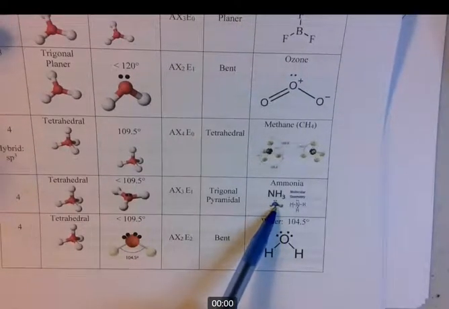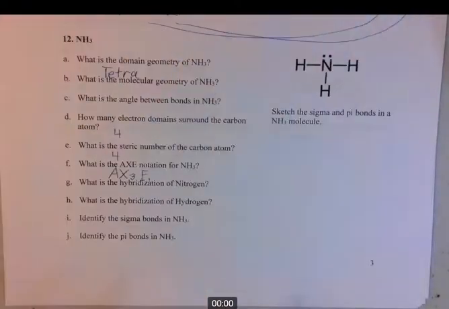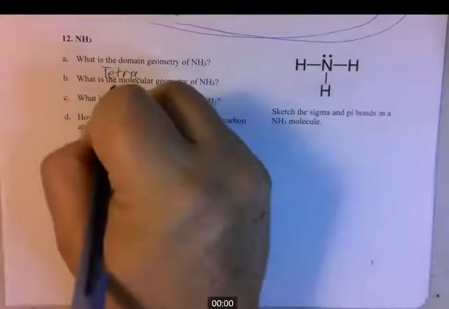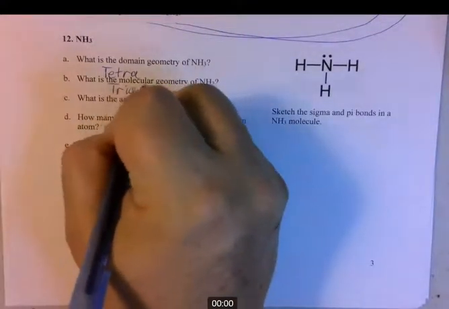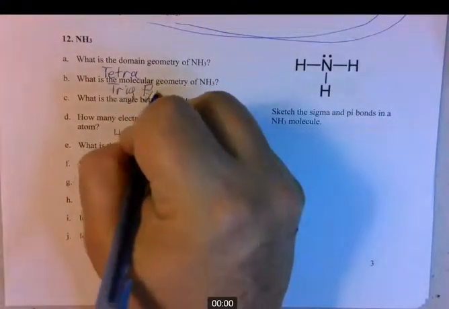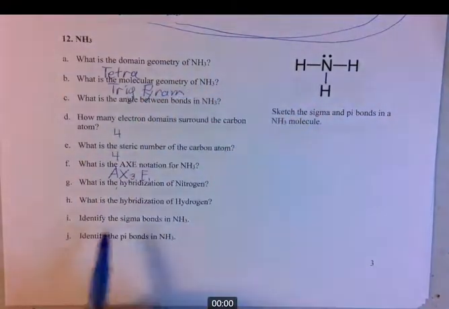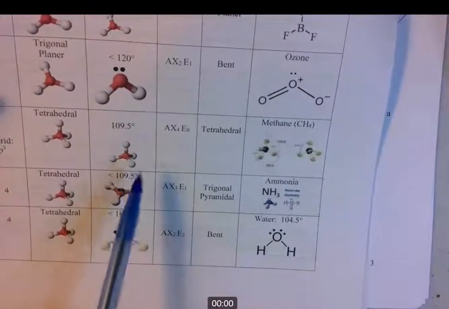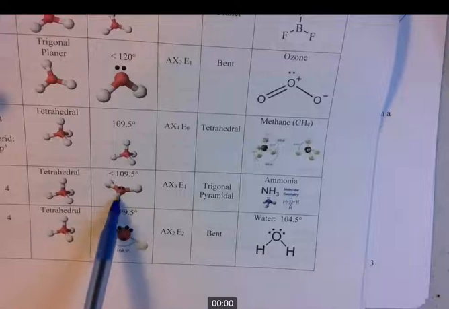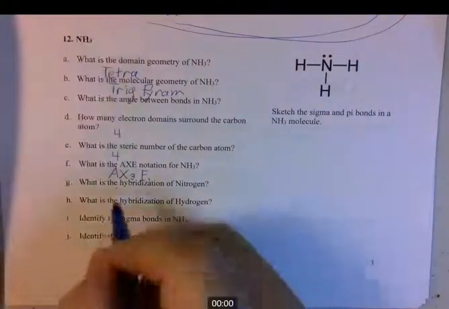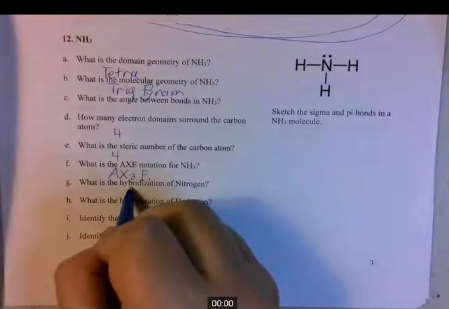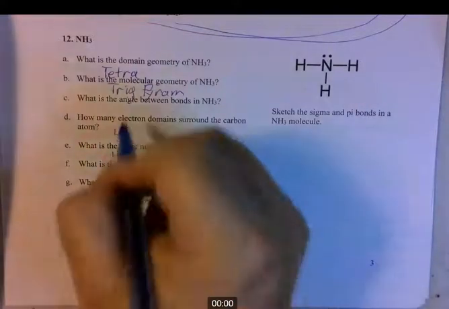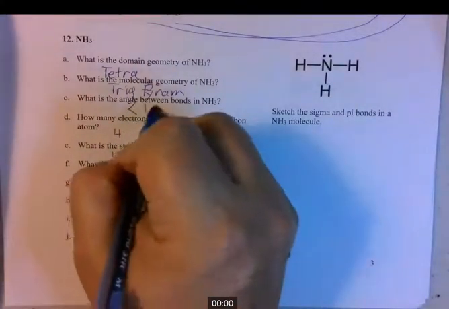The lone pair pushes down the bond angles on these bonded atoms right there. The angle is less than 109.5. If it's 109.5 and the lone pair pushes these down, then it's going to be less than 109.5. You can't say exactly what it's going to be, but we're just going to say less than 109.5.